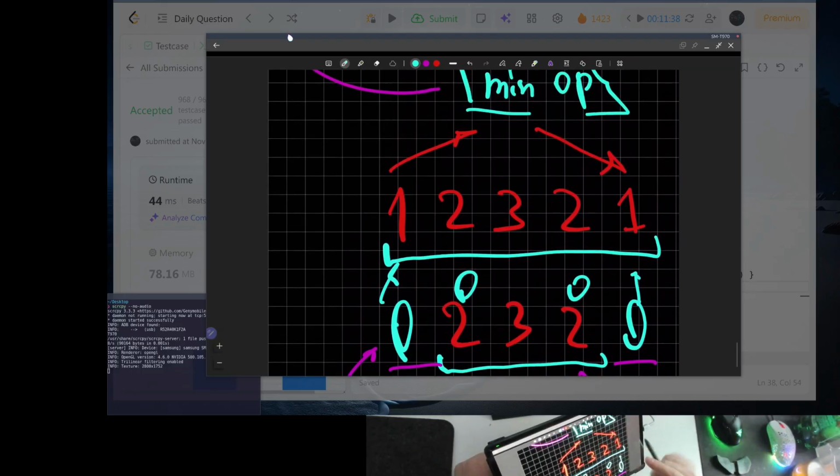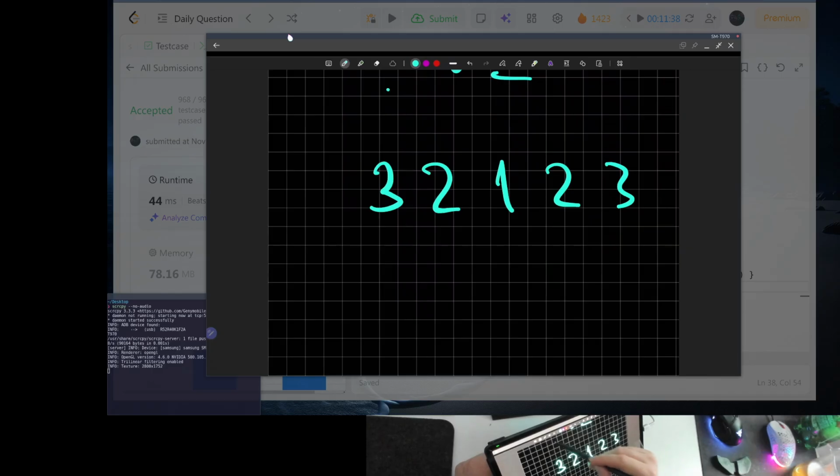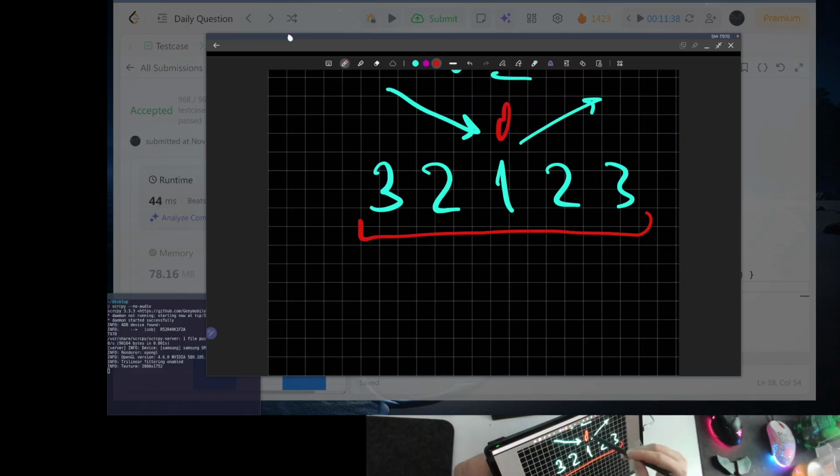It's this kind of situation where half of the array is increasing, then it's decreasing. Let's observe some other situations. If the first half is decreasing and the second half is increasing, then first I pick the whole array, and the minimum is just the number 1 in the middle.